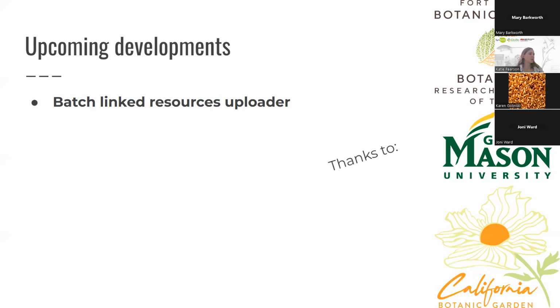Well, thanks to a grant or a contract with the Fort Worth Botanical Garden and Botanical Research Institute of Texas, George Mason University, and the California Botanic Garden, we are developing a tool that will enable us to batch upload those associations. So soon you're going to be able to extend your specimens really fast, and that's very exciting for us all to have.